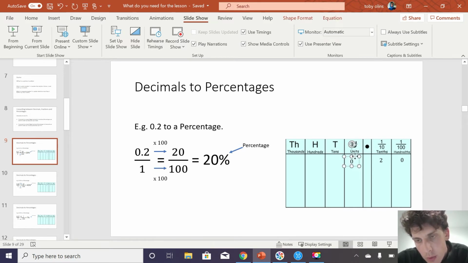So we're going to move this one, 1, 2. We're going to move this one, 1, 2. And then we're going to move the last one, 1, 2. So this is 20. So 0.2 times 100 is 20. That's just a way of working out how to do that.